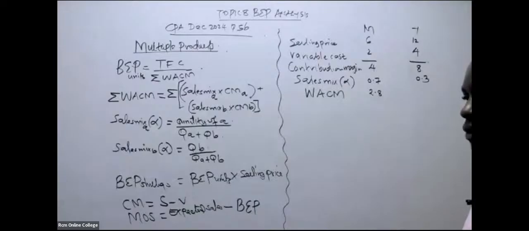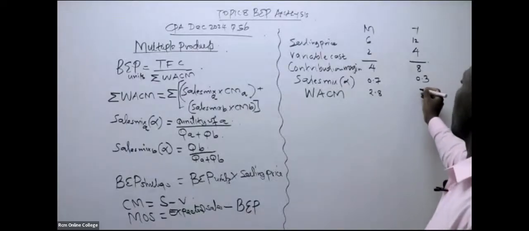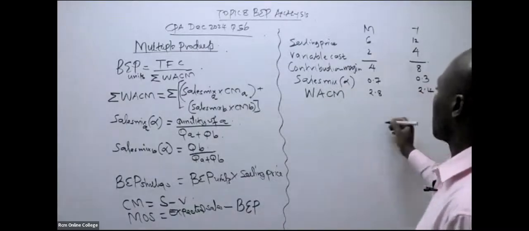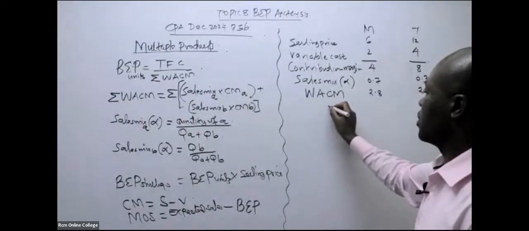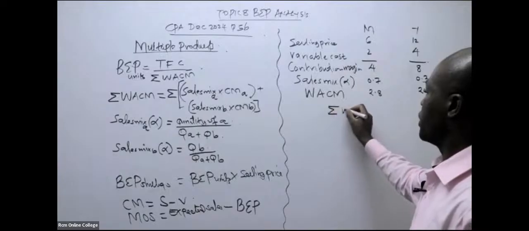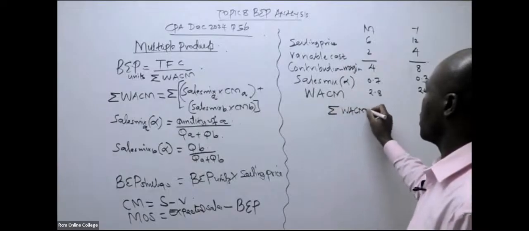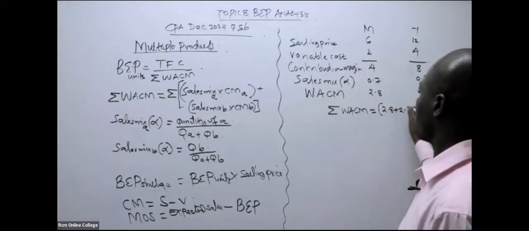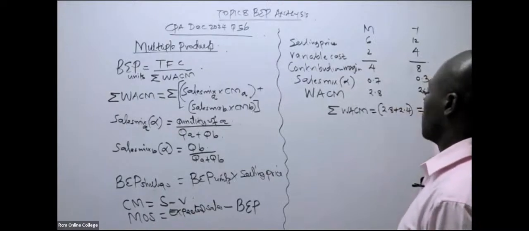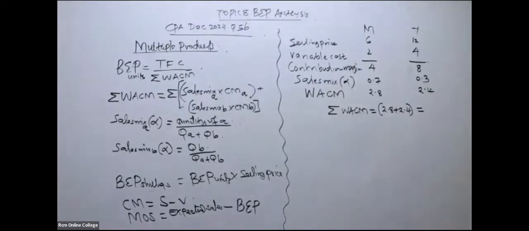Product Y? 2.4. Good. Can we now bring in the summation element? Summation of weighted average contribution margin will be equal to 2.8 plus 2.4. That is 5.2.